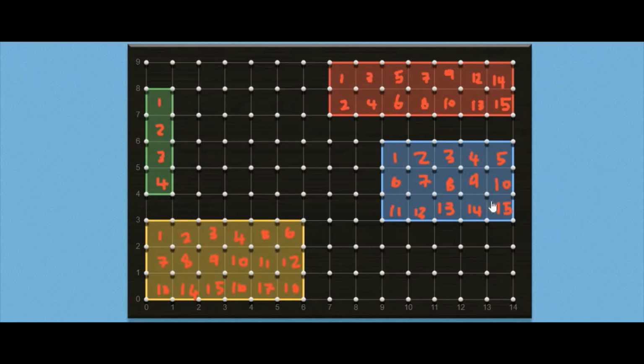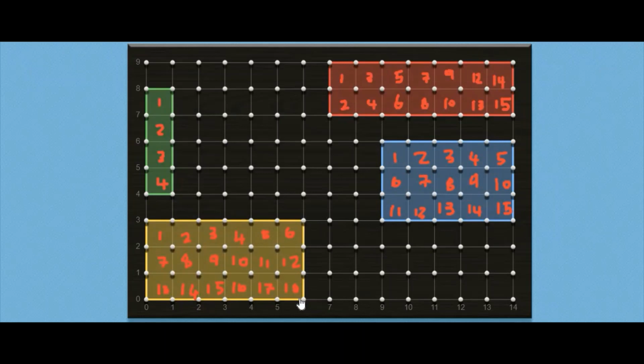Now my question to you is, how else could you determine the area of each shape without counting the unit squares? Now, what you could do is to look at the dimensions of each shape. Note here for this yellow shape, it has a dimension of 3 units by 6 units, right?